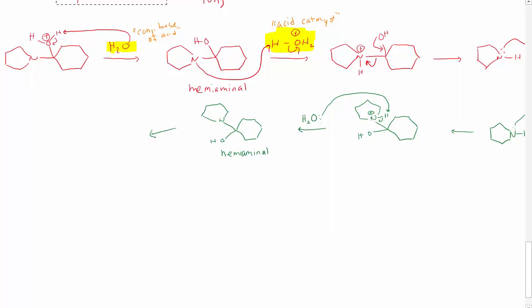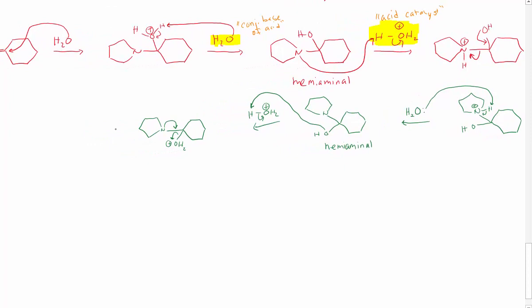Okay, the next step, I used water as a very weak base, and now I'm going to use its conjugate acid as a strong acid. Under acid type conditions, before I can kick out an oxygen, I'm going to protonate. That can now get kicked out as a neutral water molecule.